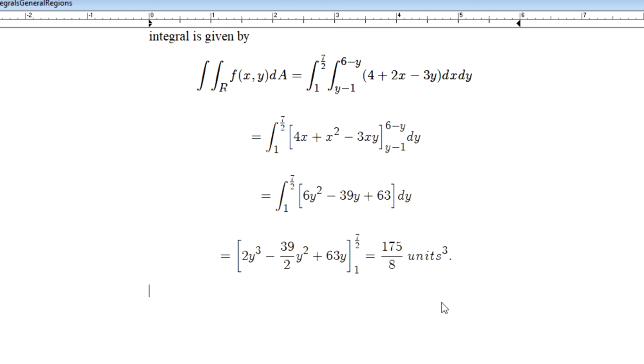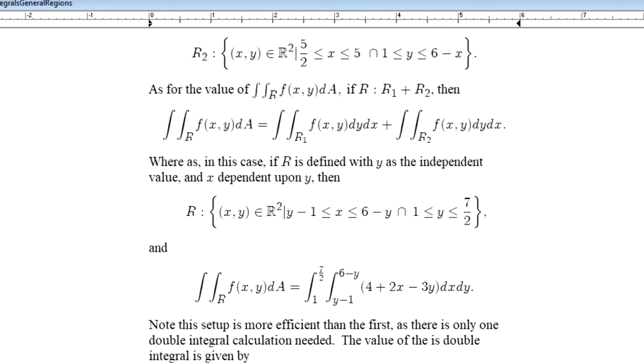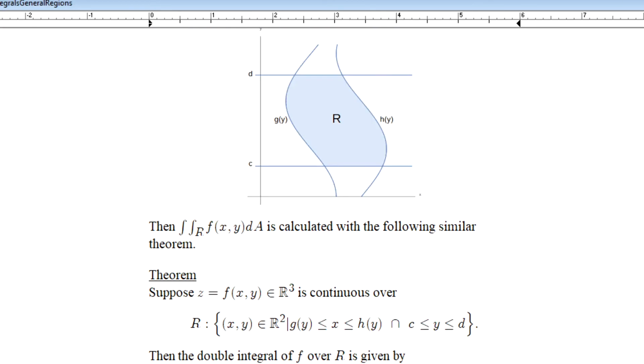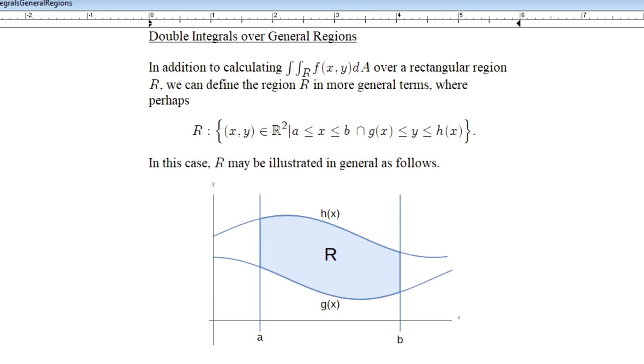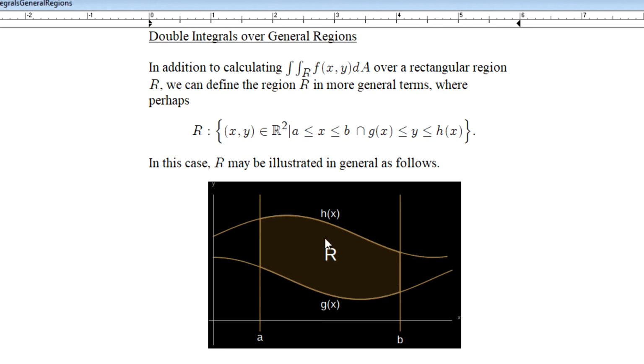Folks, this is double integration happening over general regions. These general regions in the Cartesian, rectangular coordinate system can be approached in one of two ways.